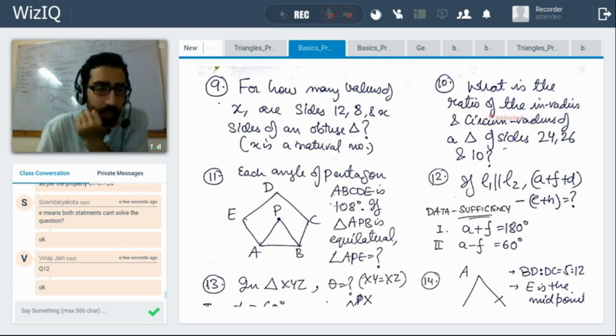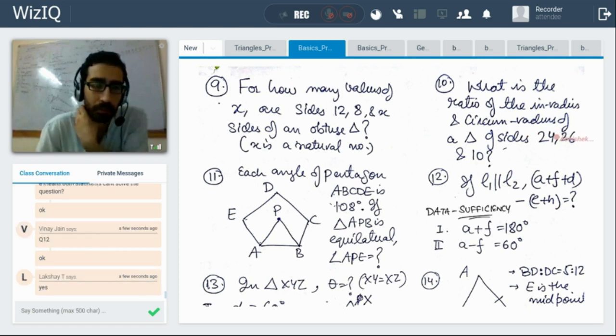Okay, did you realize that the sides of question 10 represent a right triangle? These sides are a multiple of the triplet 5, 12, and 13. Do you know anything about the inradius and the circumradius of a right triangle?